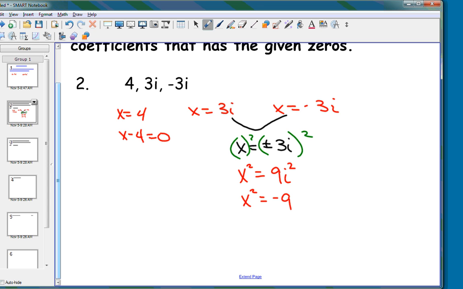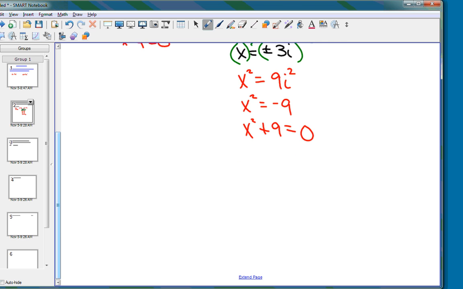Which means now I have x squared plus 9 is equal to 0. Now since I have both of those binomials equal to 0, what can I do? I can marry them by putting them together by multiplication. So now I'm going to have x minus 4 times x squared plus 9. And now what do I need to do?